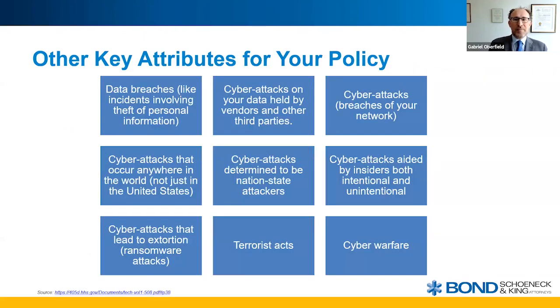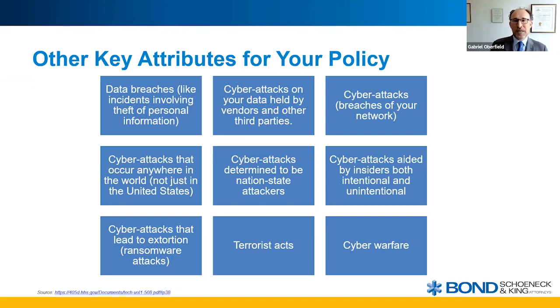So let's just think about some other key attributes for your policy. Some of them would be to make sure you're looking closely at what happens if there's a data breach. We talked earlier about the financial aid type information. That's only one version of the data that might get out there if there were a breach.